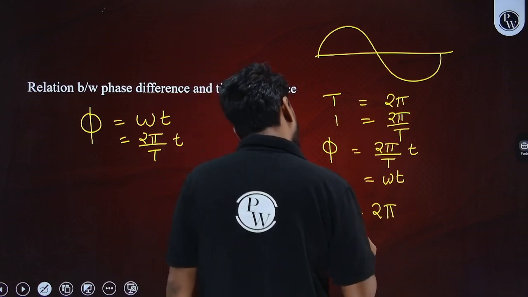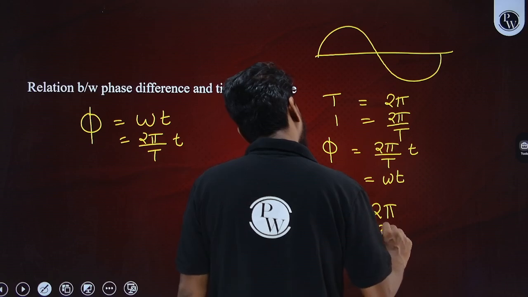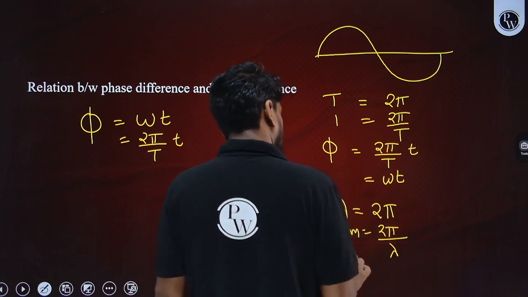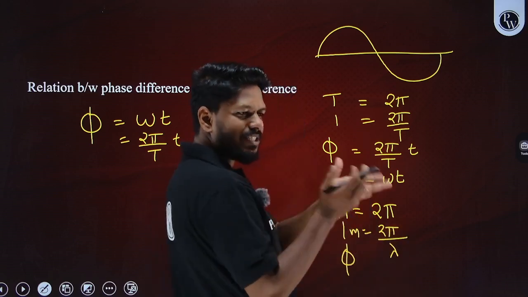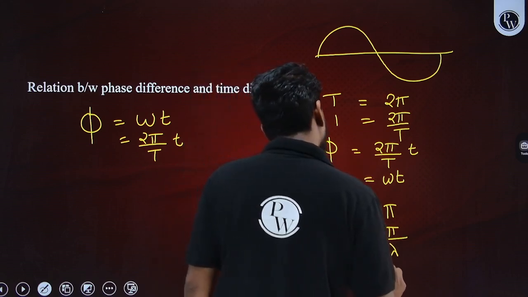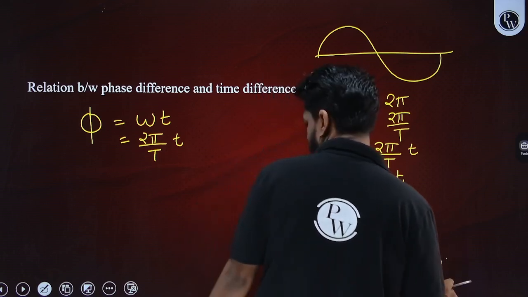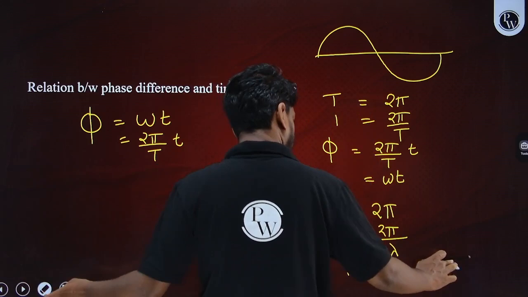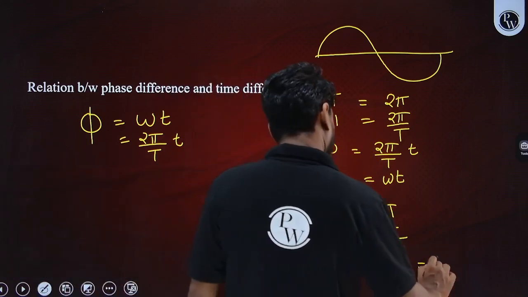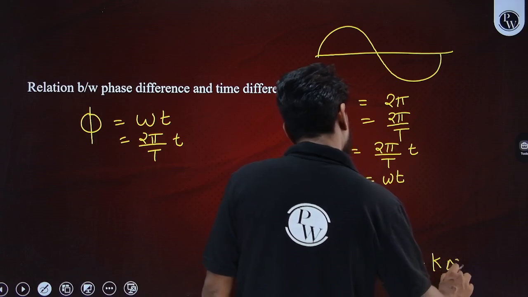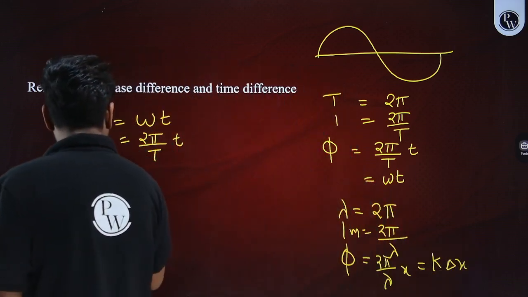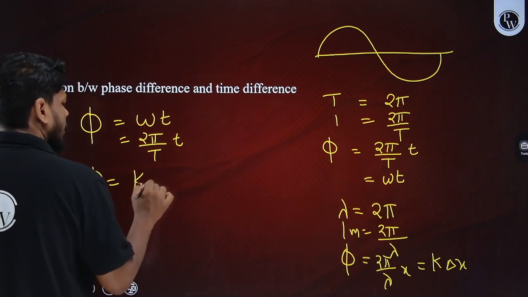So for 1 meter, it will be 2 pi divided by lambda. And if I talk about some distance x, in x distance it will be 2 pi by lambda into x. And 2 pi by lambda can be written as k. So for some small distance delta x, phi can be written as k times delta x.